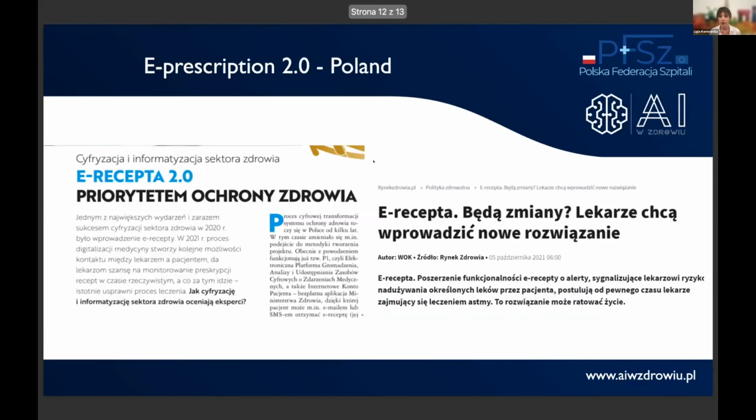And I am happy to tell that it's not science fiction anymore. It is still an idea, but we are working on it. There are some articles in Polish, I'm sorry for that, but we are working on implementing e-prescription 2.0 for, for example, patients with asthma, because we can tell a lot about them only based on the drugs that they are taking.